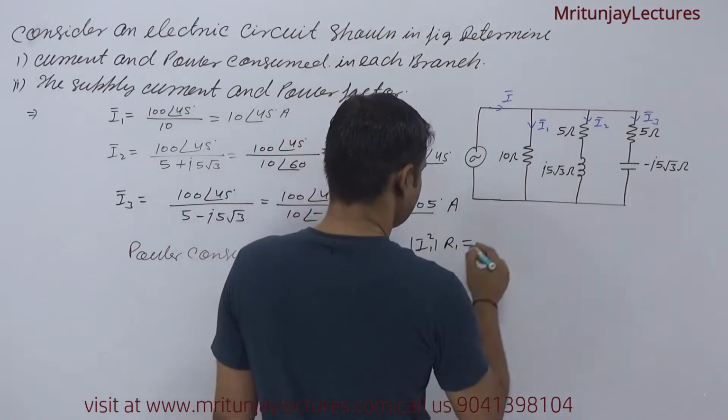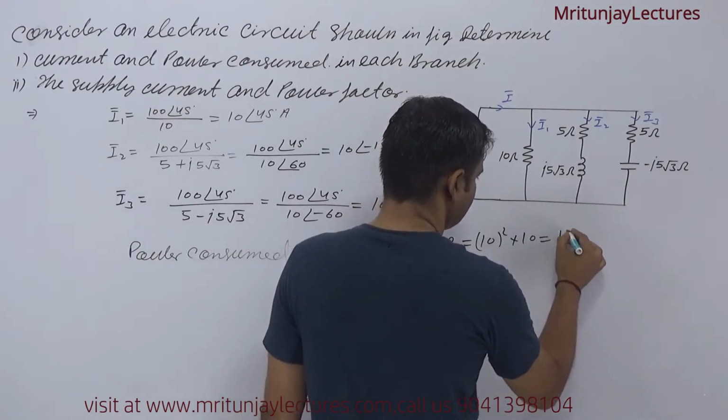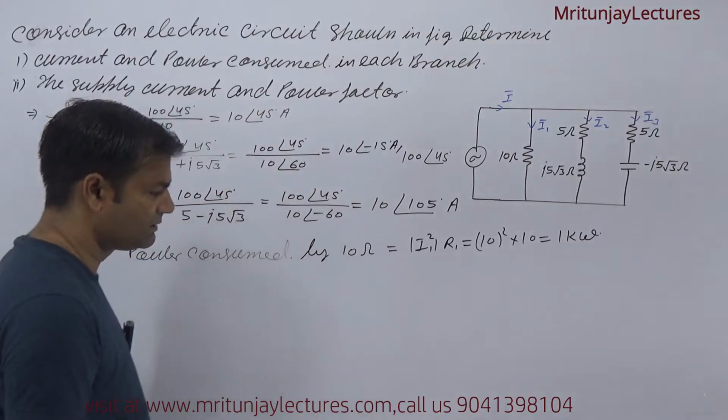The magnitude of I1 is 10, so 10 squared into 10 is 1000. It means 1 kilowatt.